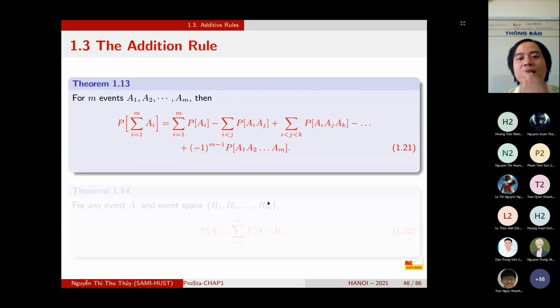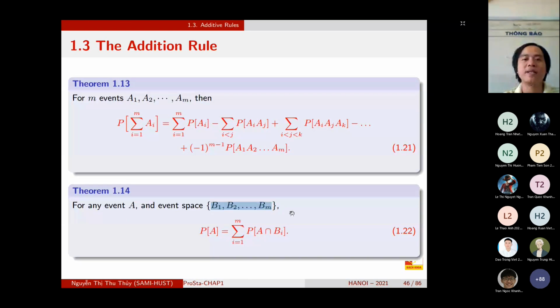We have the sample space S, and the sample space is split into different parts, B1 to Bm. So an arbitrary event A can be split into small parts: A intersection with B1, A intersection with B2, and A intersection with Bm.